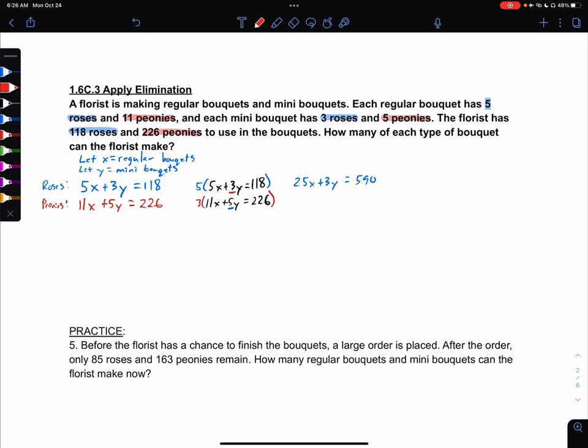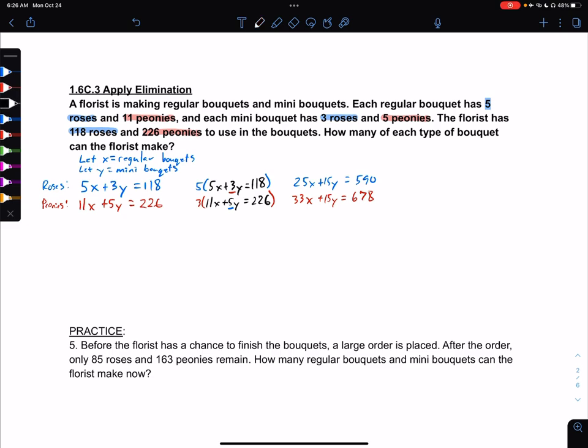Remember, we need equivalent equations. So we have 33x plus, I made a mistake here, rushing through this problem. Up here this should be 25x plus 15y. I think I said it but didn't write it down. And then 15y equals 226 times 3, which would be equal to 678.